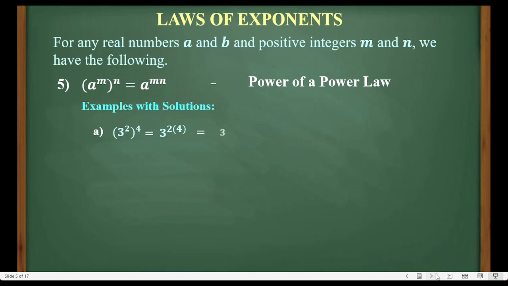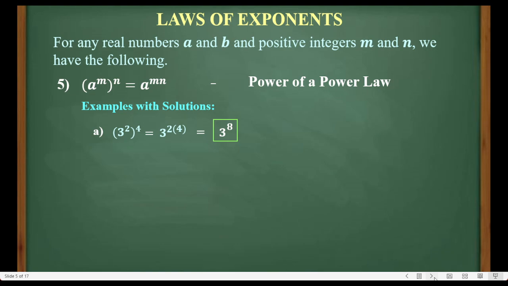And you will have this answer, 3 raised to the 8th power. So basically, we just apply this law, which serves as our formula or guide in simplifying related expressions such as in letter A.